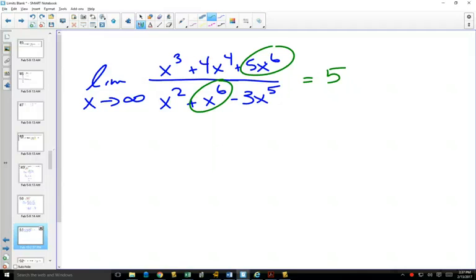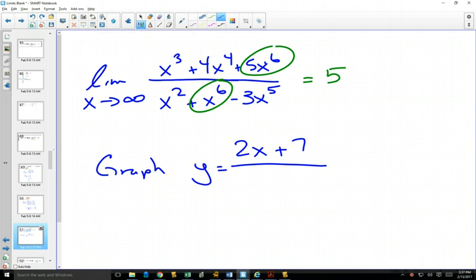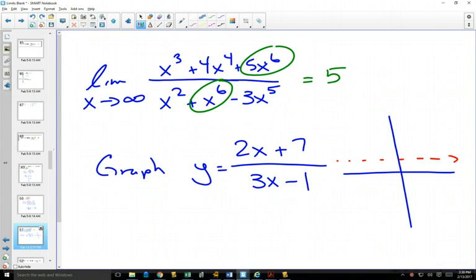We did something like this before when we were graphing, right? You had to graph in grade 12 something like that. And in this graph, you found out that there was a horizontal asymptote at y equals 2/3, right? What that was doing is you were just saying, I'm going to ignore everything else and just look at those.